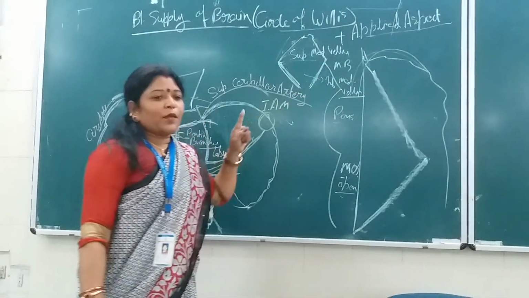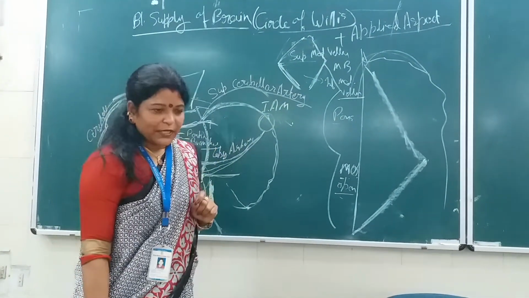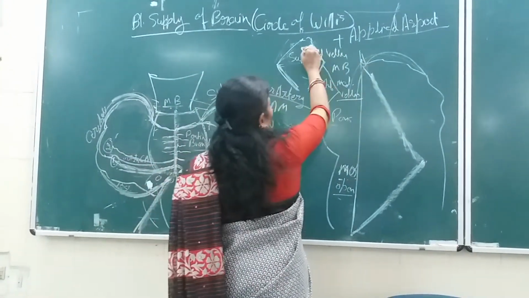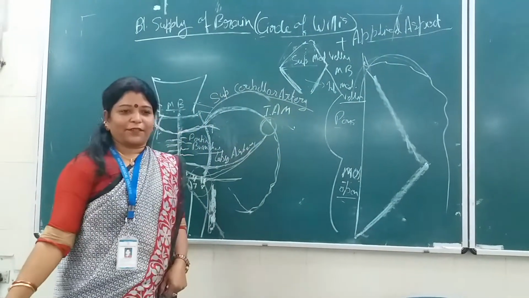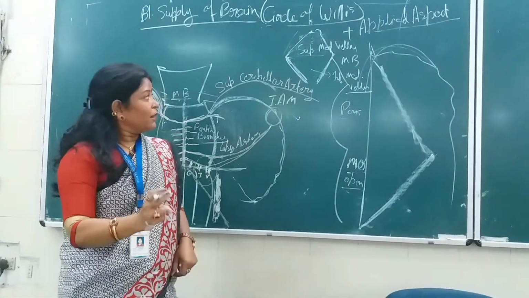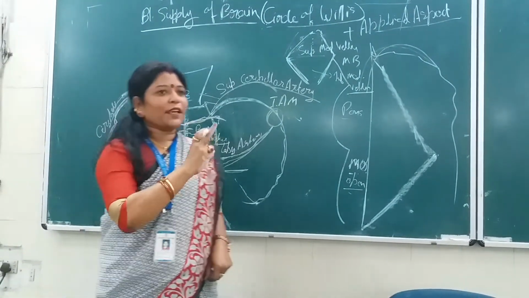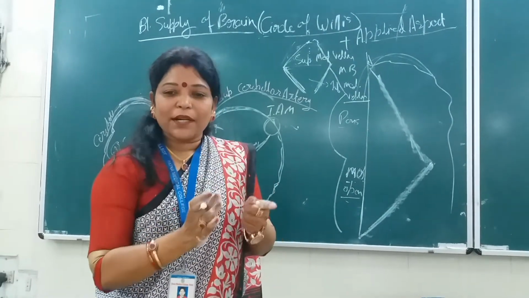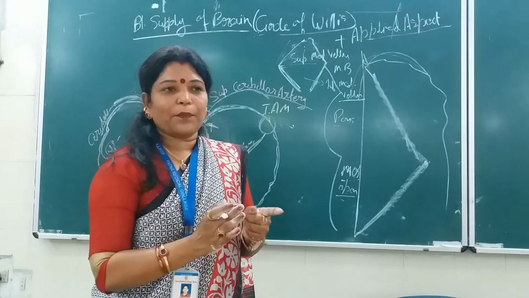Okay, a very important question which is asked in objective also. Now, a very important cranial nerve which is often asked in relation with this superior medullary velum, the cranial nerve which emerges on the dorsal aspect of the brainstem. Anyone?